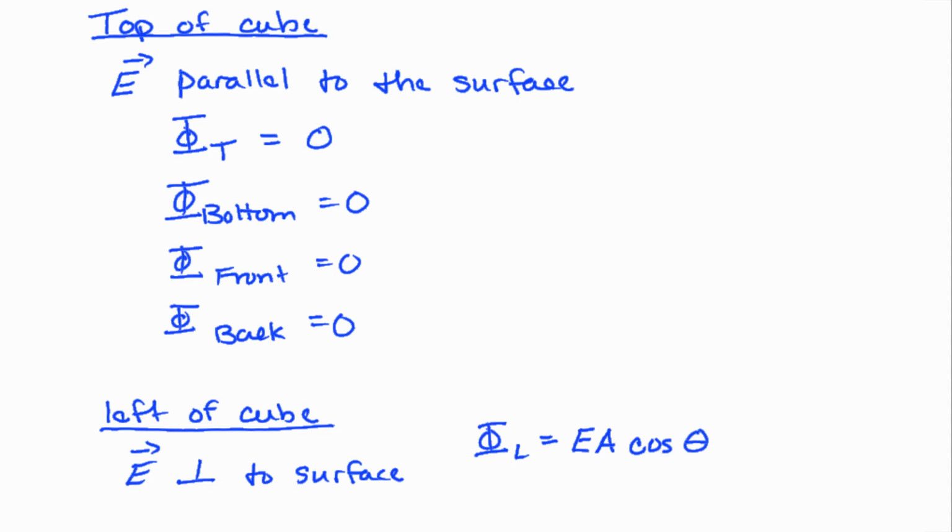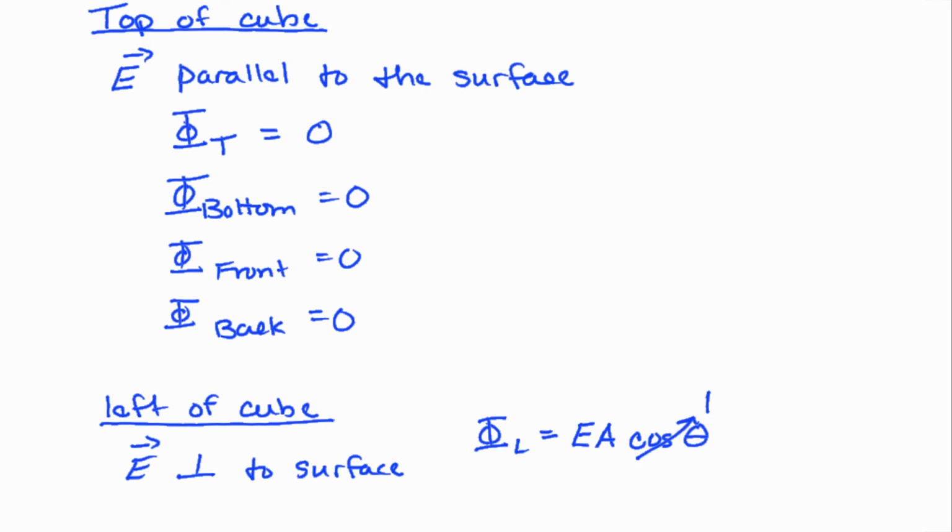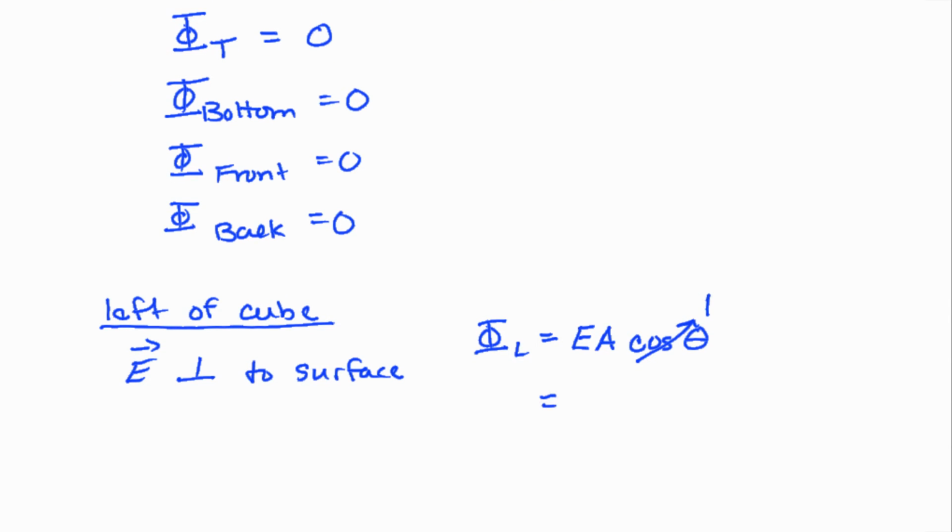Since it's perpendicular, that cosine theta is equal to 1. And we have electric field times the area. The area of a square is the length squared. So we end up with E L squared.